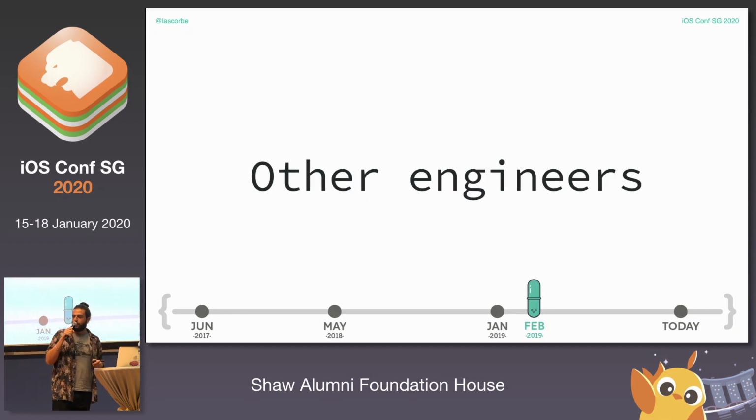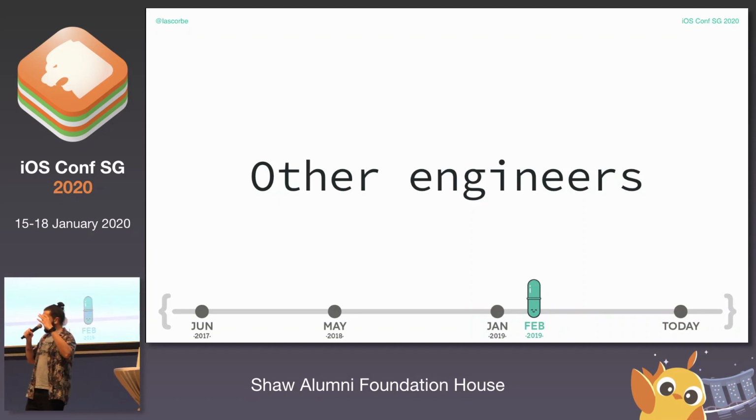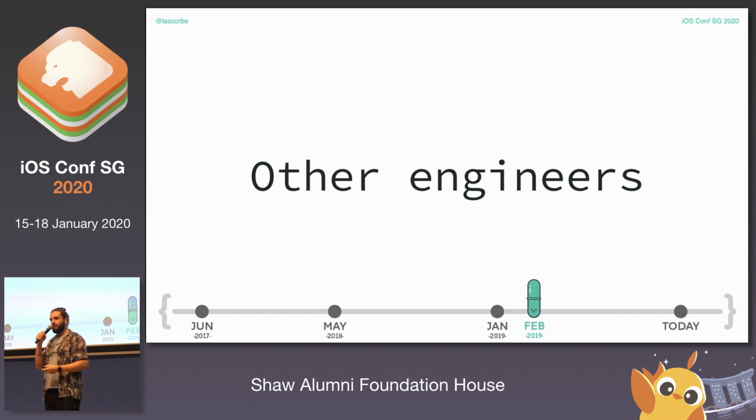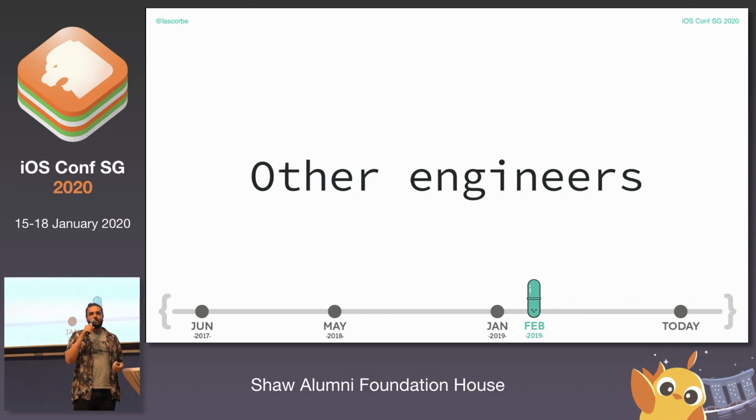So we also talked with other engineers. We are iOS developers, macOS developers, Apple technologies developers, but there are also Android developers, front-end developers, back-end developers. We are all developers, we are all engineers, and we all have the same problems.